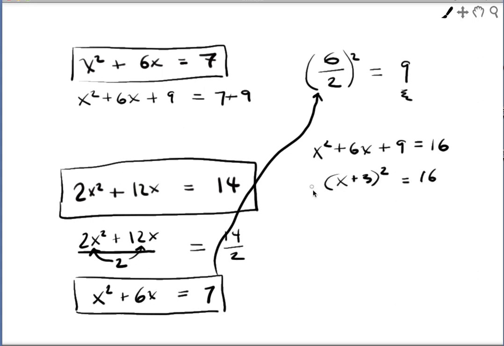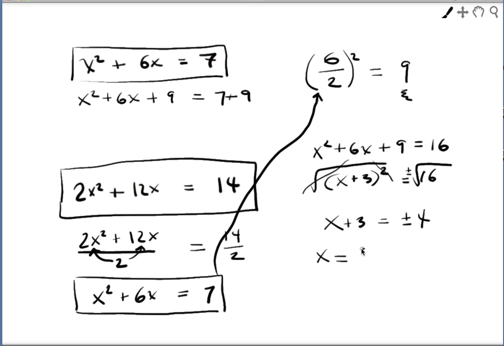We then take the square root of both sides, which I'll do like this to save space. We remember the plus minus. The square root undoes the square. We have x plus 3 is equal to plus or minus, well, the square root of 16 is 4. And all we do is subtract 3 from both sides.